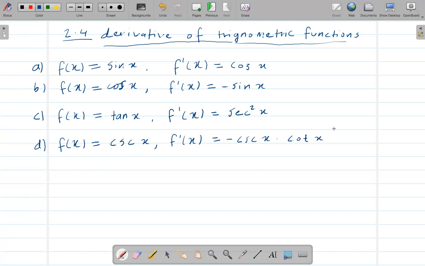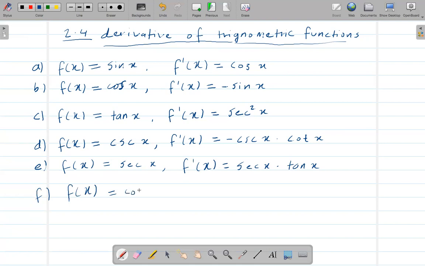And f of x equals secant. When I take the derivative of this, it's secant x times tangent x. And the last one is the derivative of cotangent.